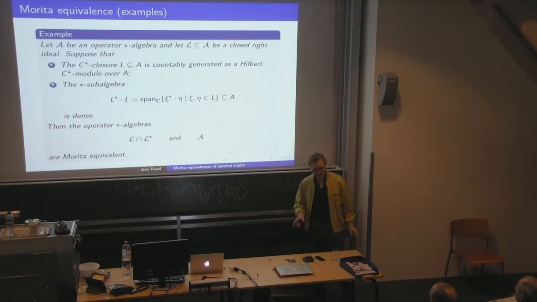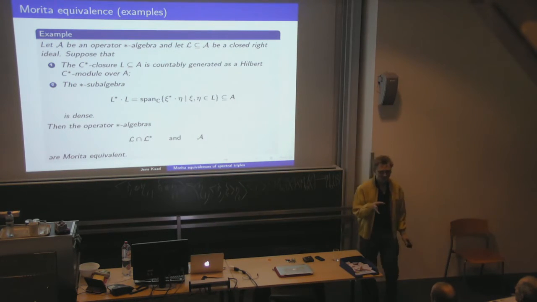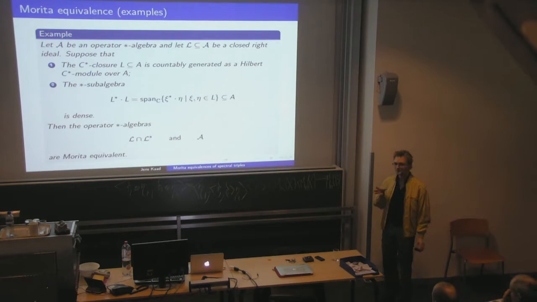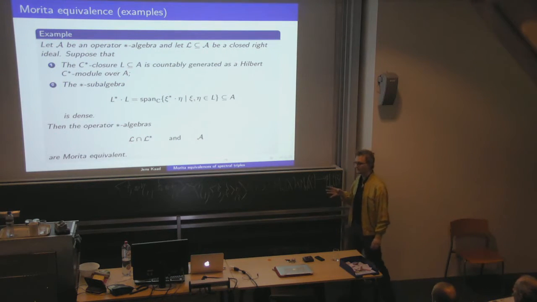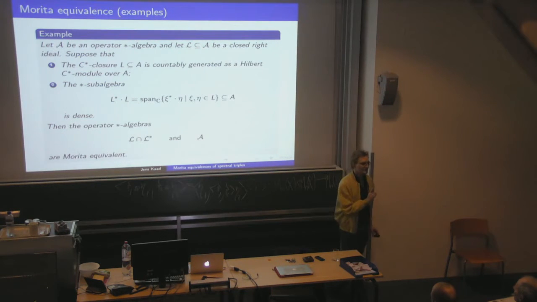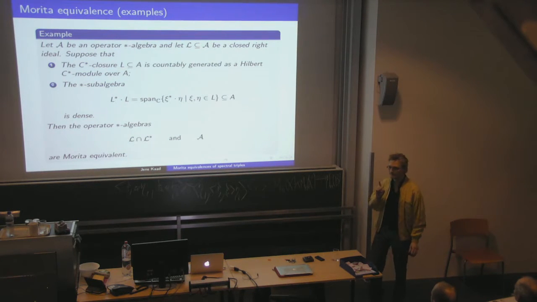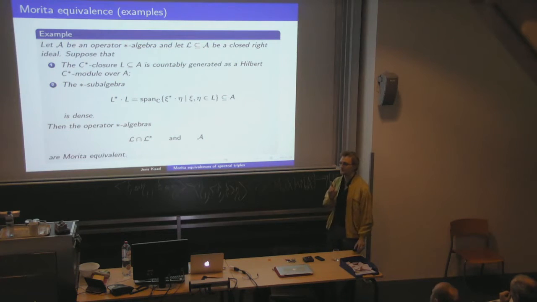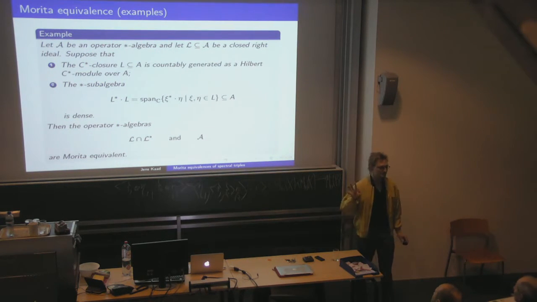Because in order to have such a statement, you need to work with a more flexible notion of what it means to be a spectral triple. That is, you have to twist the commutator condition by an extra modular operator. So you have to work with twisted spectral triples in order for such a statement to be true.